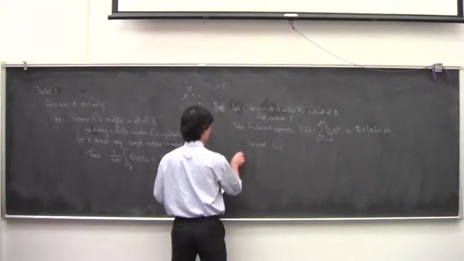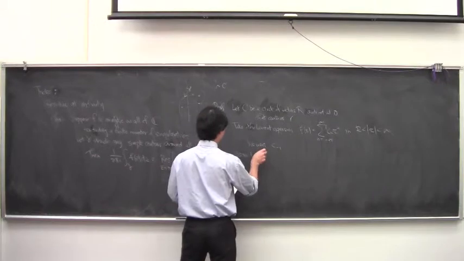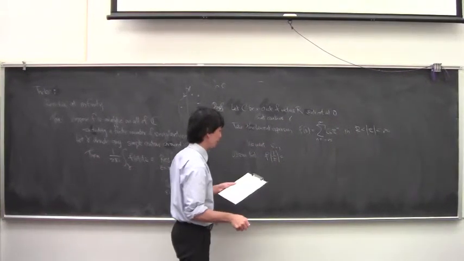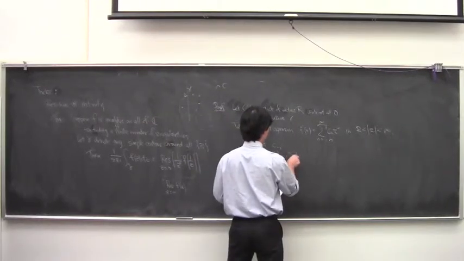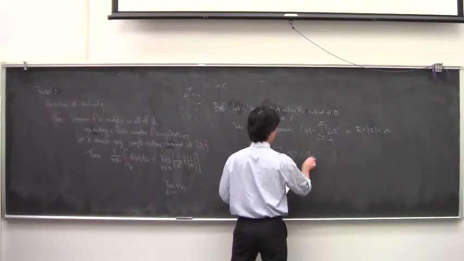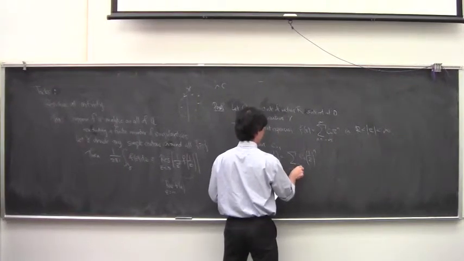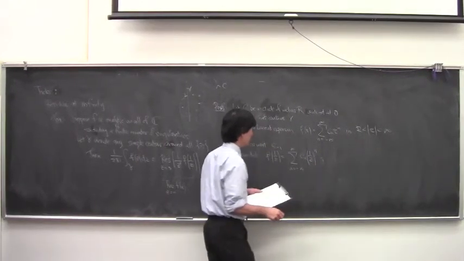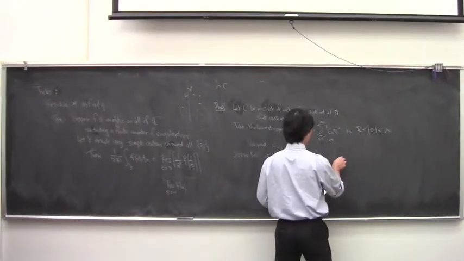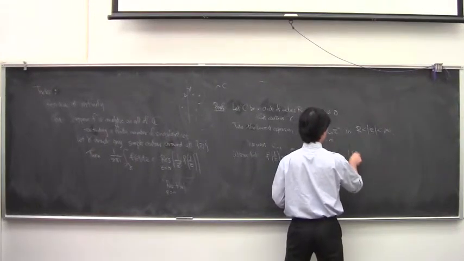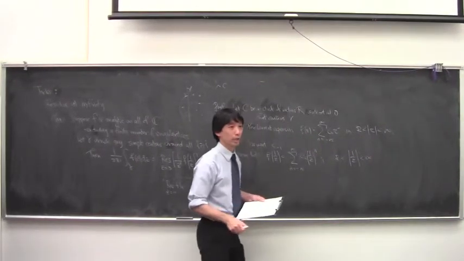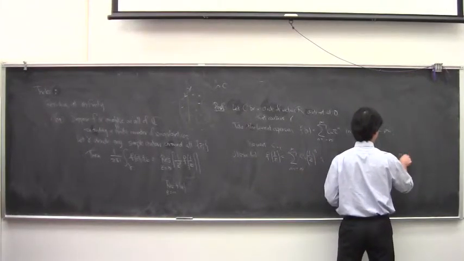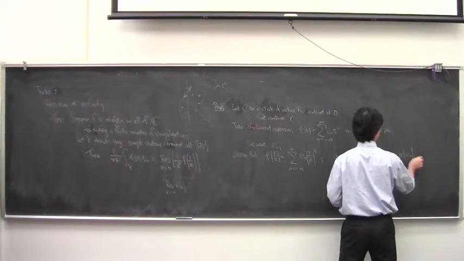So observe that if we look at f of 1 over z, that's the sum of c sub n times 1 over z to the n, from negative infinity to positive infinity. And that's valid where 1 over z is between r and infinity. That's to say, it's valid where z is between 1 over r and 0.